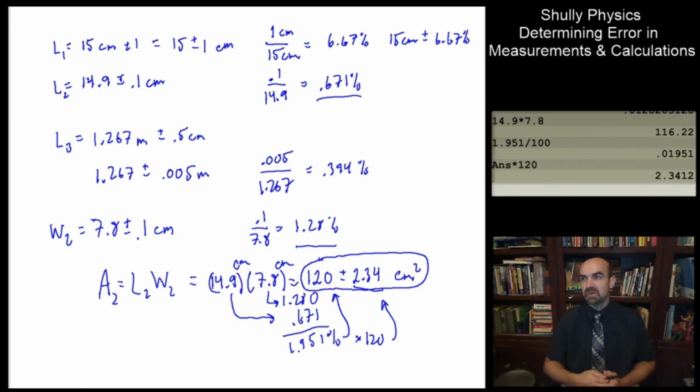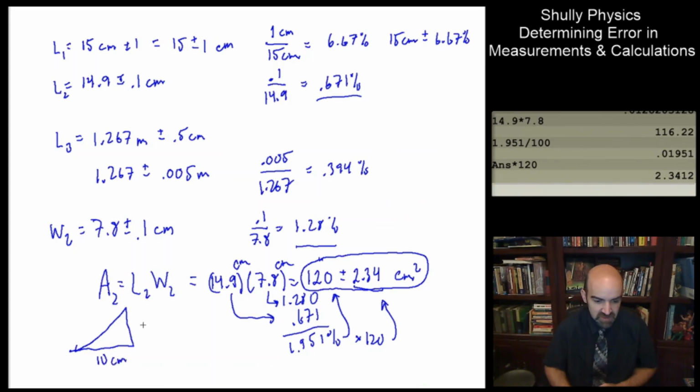What if you're dealing with trig? What if you've got a couple of measurements here, two sides of a triangle. Ooh, that's an ugly triangle. And let's say this side is 10 centimeters, and this side is 5 centimeters, and you've got an angle theta here.